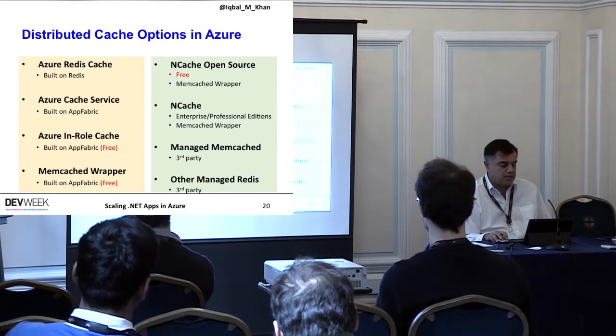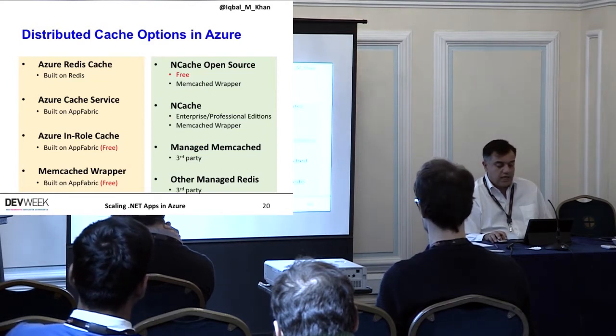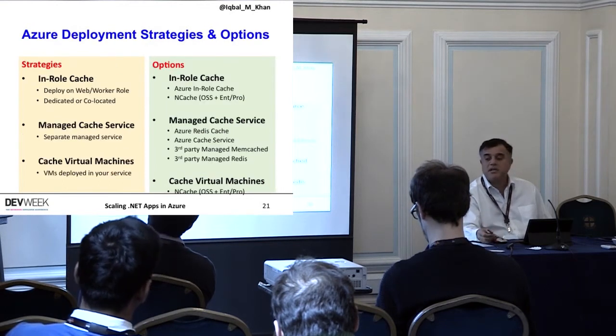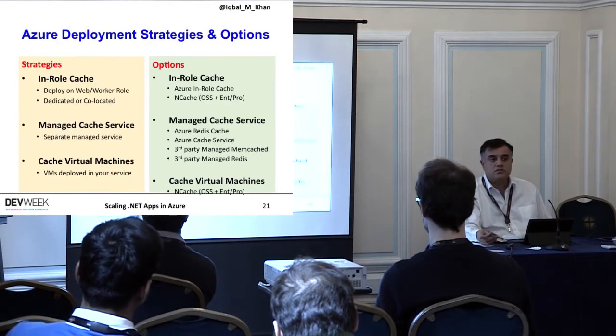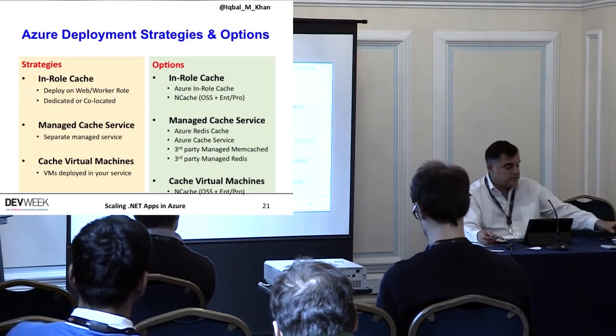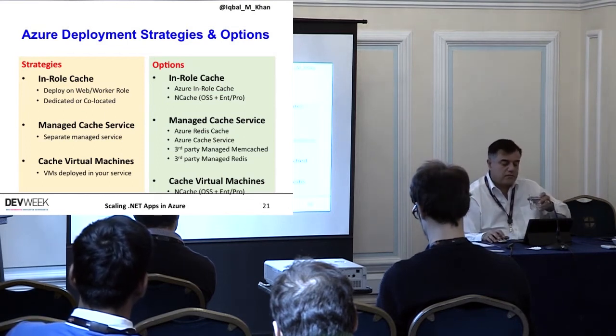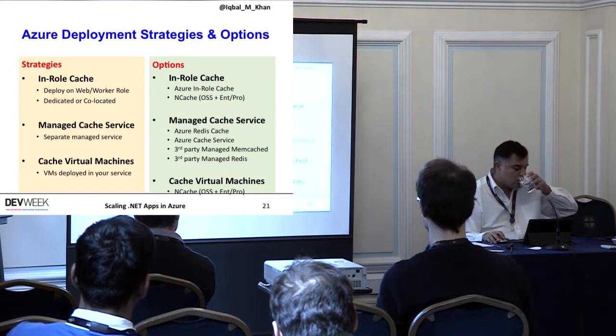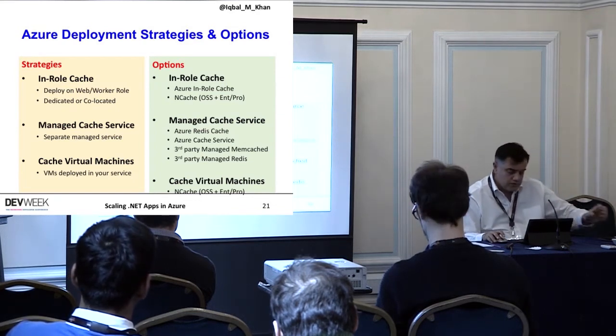I'll talk about the Memcached wrapper in a bit. And there's also some third-party managed Memcached solutions which give you the Memcached interface, but they're managed. And then there's some third-party managed Redis solutions.